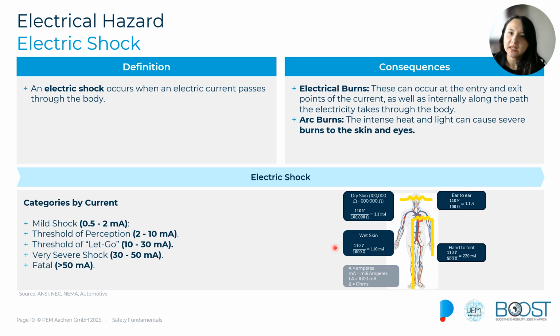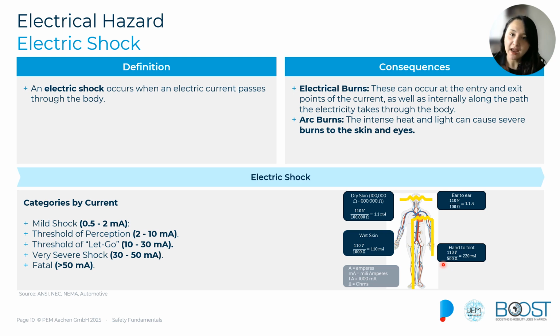For example, here we have a human body showing it: if the current passes from one hand to another, in this direction as I'm highlighting here, it will go directly through the heart. This means it is far more dangerous than if, for instance, the current goes from the hand to one of our feet and doesn't go through the heart directly.